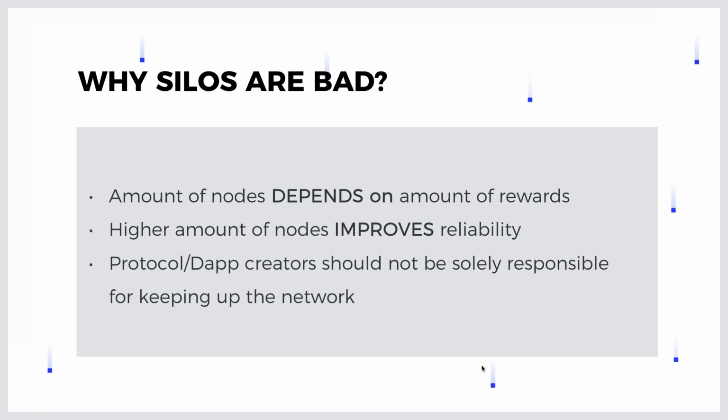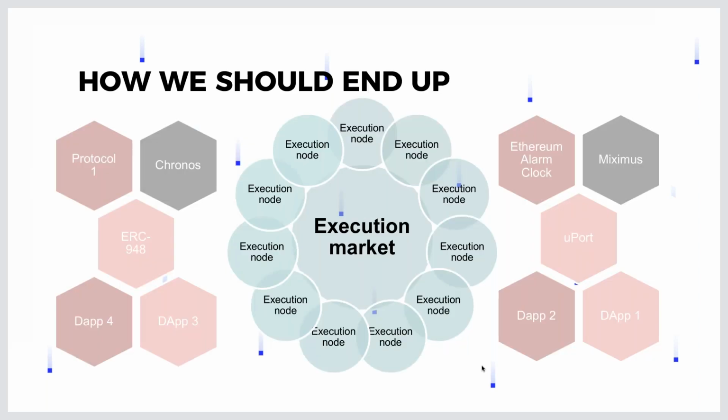That is obviously not a good situation, because the decentralization factor is really low, and this more centralized approach can essentially lead to censorship issues. We don't really want that for protocols that are by default open and should be working permissionless. So this is what I think we should end up with.